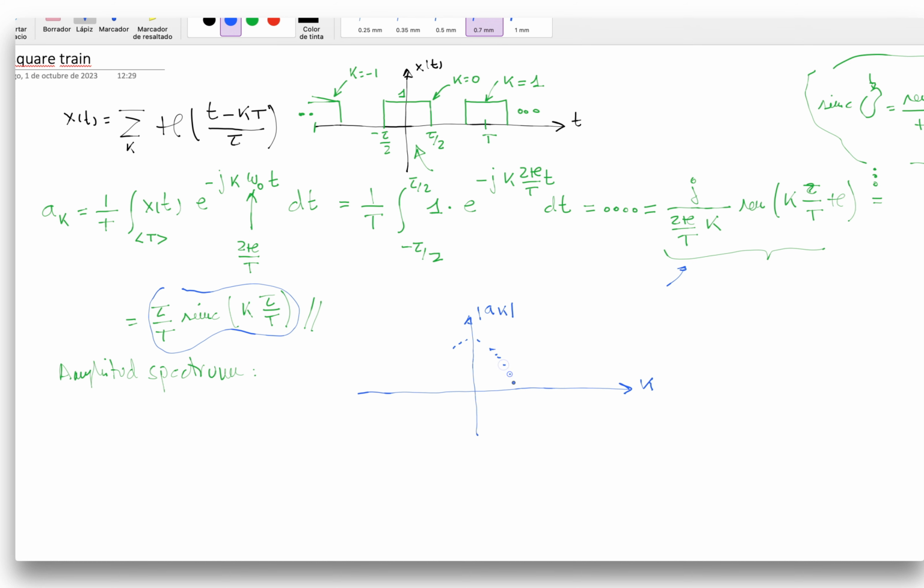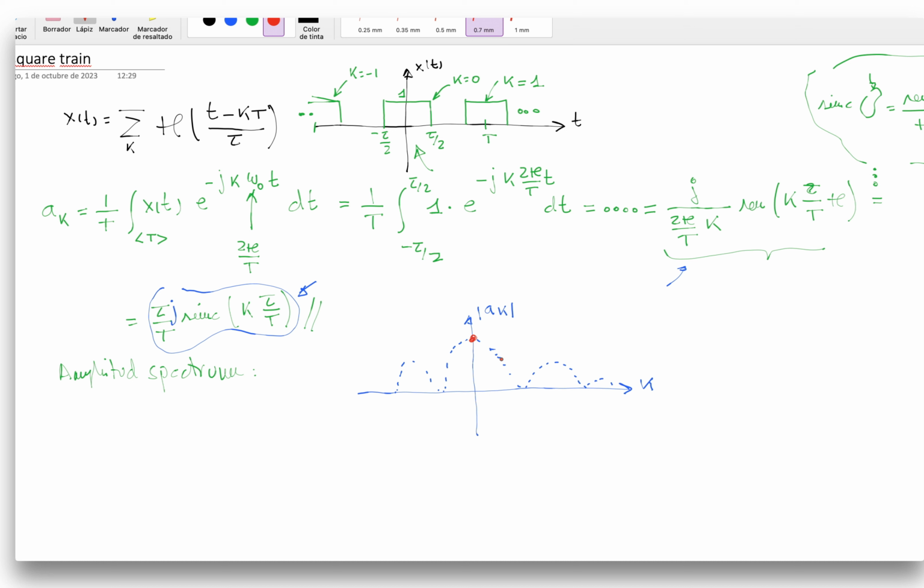You have an envelope, and basically what is a rectified sinc. So I am drawing the modulus of this. Sorry, there is a j here that is missing. So this will be the envelope, and then the values of the coefficient would be for k equal to 0, I will have the value here.